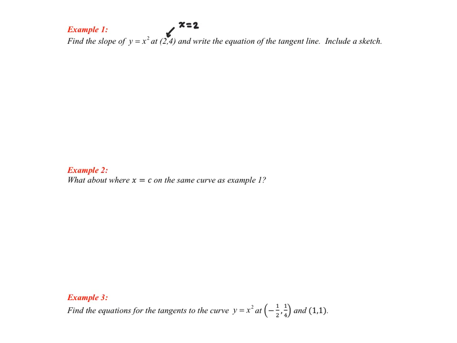So in order to find the instantaneous rate of change of y equals x squared, I want to take the limit as h approaches 0 of f of x plus h minus f of x all over h.